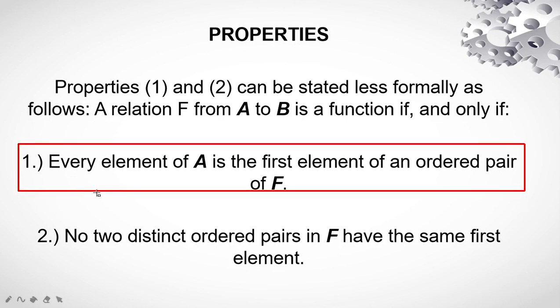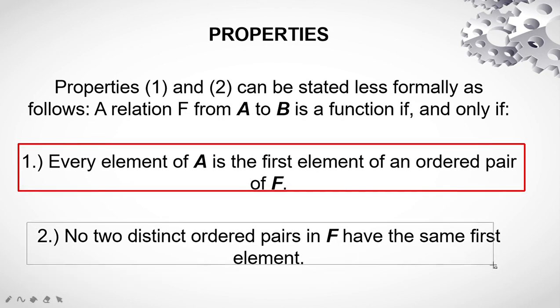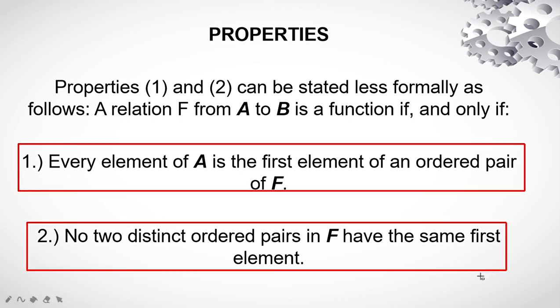Property number 1: every element of A is the first element of an ordered pair of the function f. For property number 2: no two distinct ordered pairs in f, or the function, have the same first element.